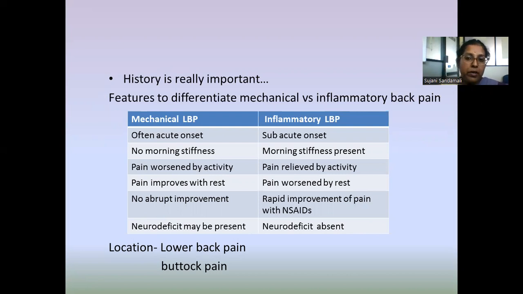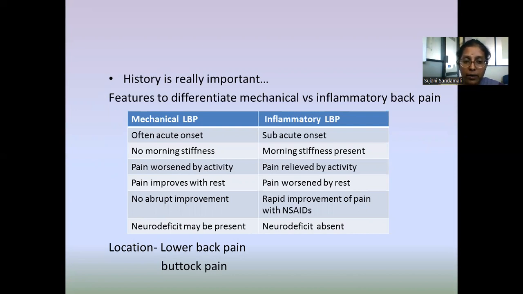In inflammatory back pain, it's usually subacute onset and can go on for months. But in mechanical back pain, it's not going for long and it is acute onset. In inflammatory back pain, there is significant morning stiffness, usually more than 30 minutes. And the pain is usually more when the patient is at rest, and there is some improvement of pain with activity.